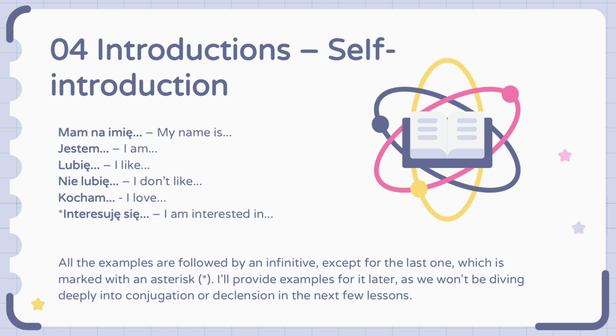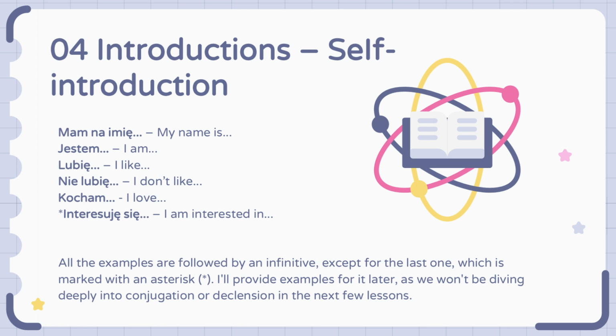Now we do have the introducing oneself section. So for introduction, I tried to make it as easy as possible. So after each of these phrases, as follows: mam na imię, my name is, jestem, I am, lubię, I like, nie lubię, I don't like, kocham, I love, goes an infinitive.